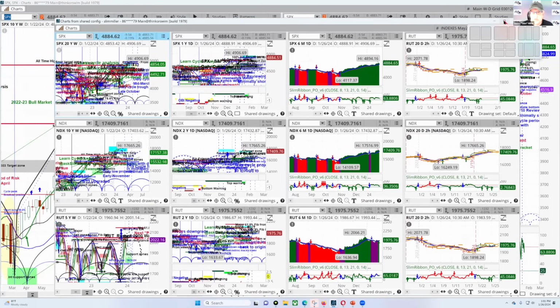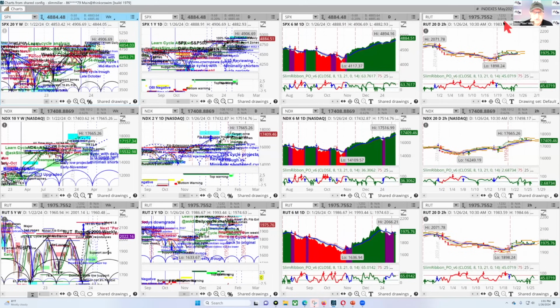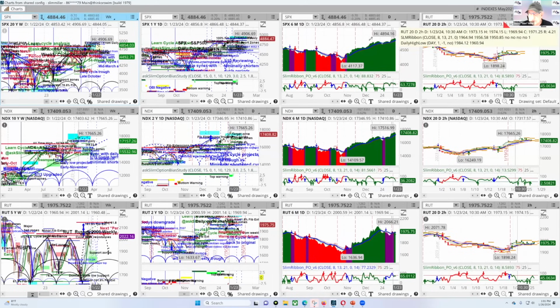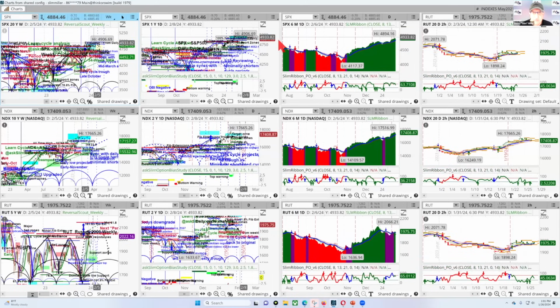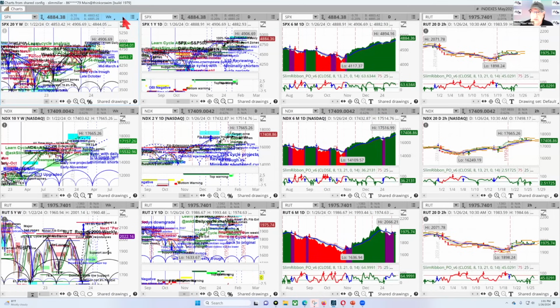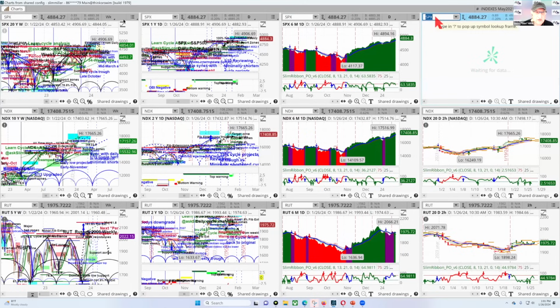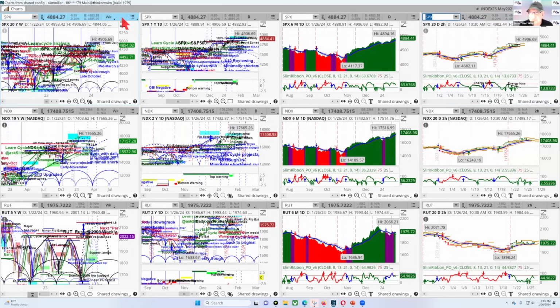This, by the way, is the grid that the level 4 members do get, but I'm only going to go on the top one right over here at the S&P 500, and you will see the analysis in there. That one switched over, and here is the S&P 500.